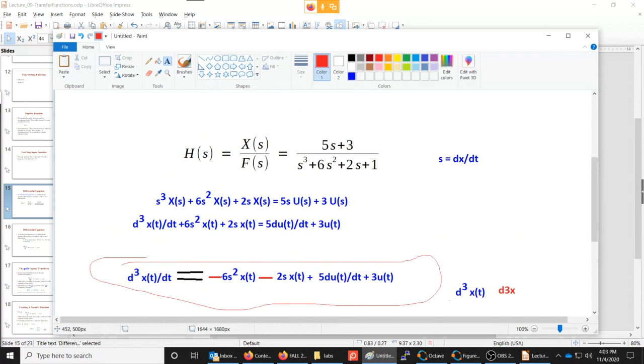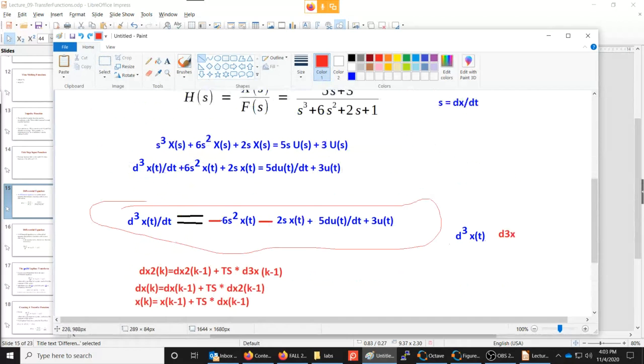Okay, so if you're given a transfer function, you just cross multiply, and the s's are derivative terms. So if you have s cubed, then that's a third order derivative.